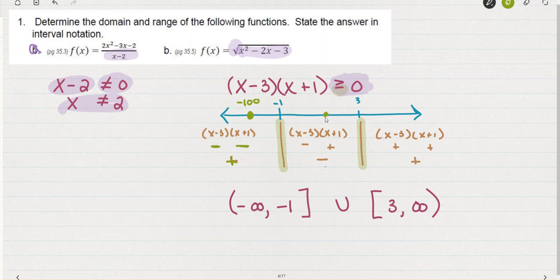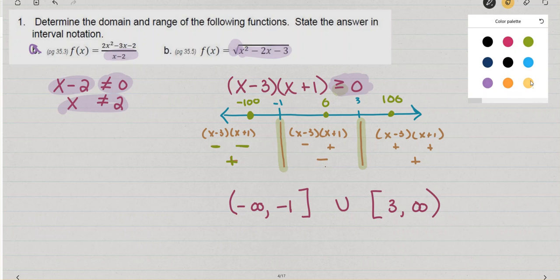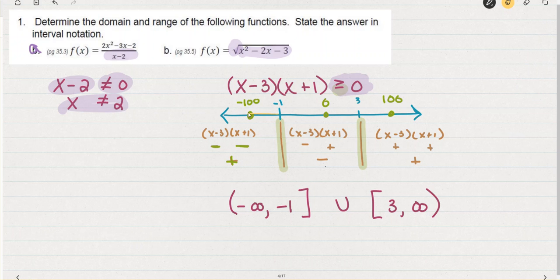I could use a test point of 0 to do the same thing and see that we get a negative and a positive. A test point of something greater than 3, let's say 100, and we get 2 positive values. So we can see from this work that we're greater or equal to 0 on this interval.